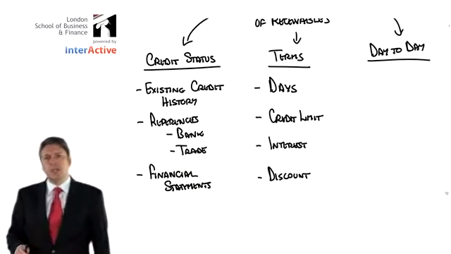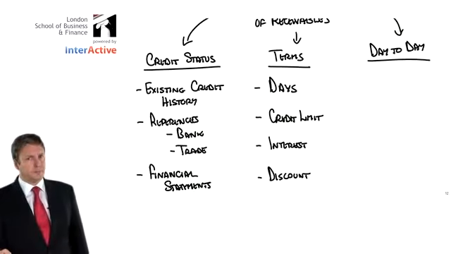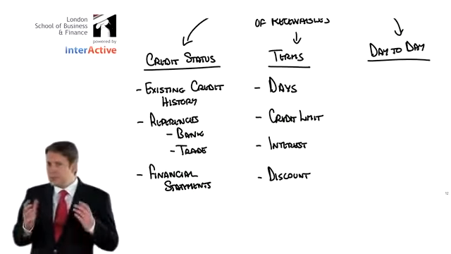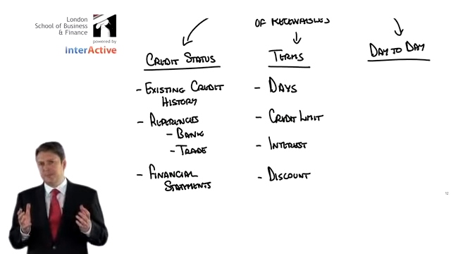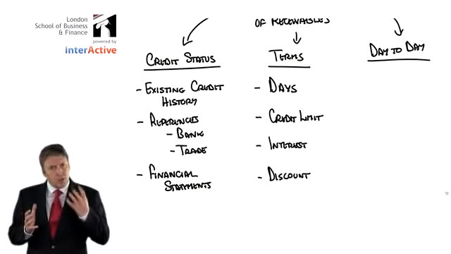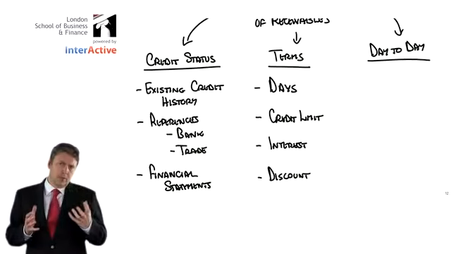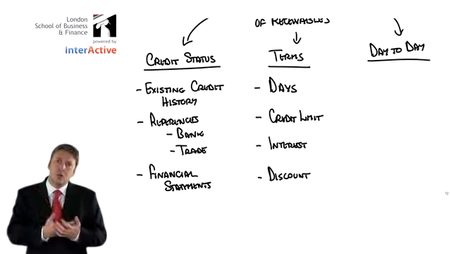Now, the issue with day-to-day policy is this. We have a difficult relationship to manage. Because the one thing we don't want to do as credit control is to upset our good quality customers.